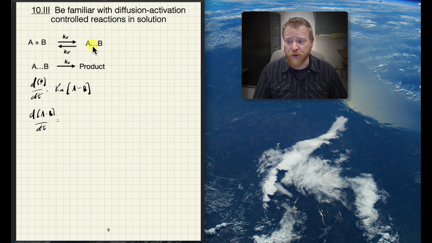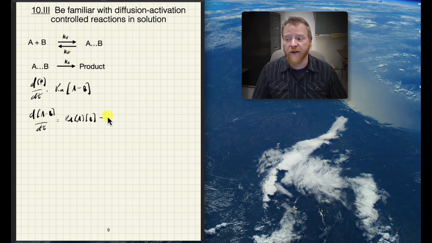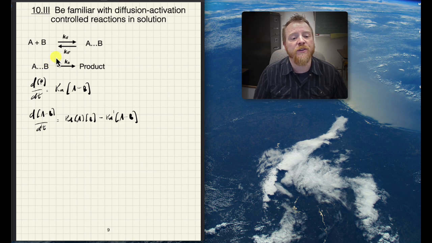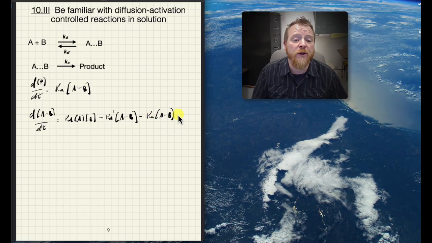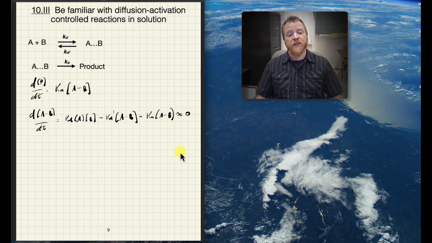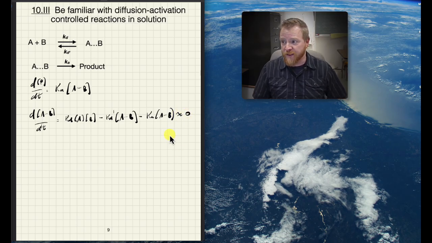So that's produced in the forward rate describing diffusion, where an A has to diffuse to find a B. It is also described by the negative rate, so the reverse reaction in that equilibrium, which is Kd prime times A dot dot dot B. And then, of course, it disappears again in the final reaction as minus Ka times A dot dot dot B. And then we're going to apply the steady state approximation to this situation by setting that all equal to 0.